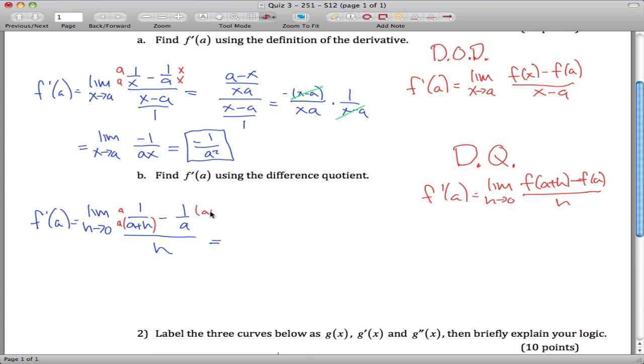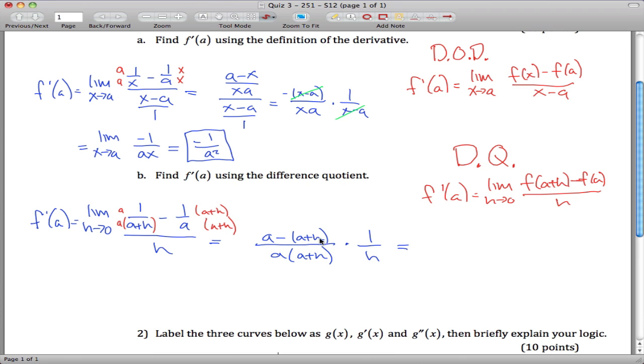We'll multiply this times a plus h and this times a plus h. And what that will give us is a minus a plus h divided by a times a plus h, all divided by h, which I can write as times 1 over h.